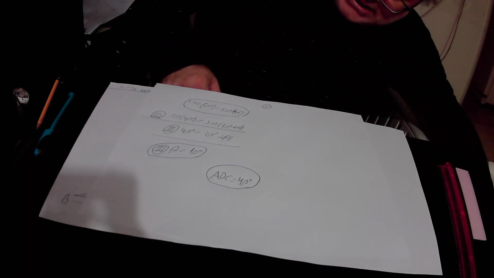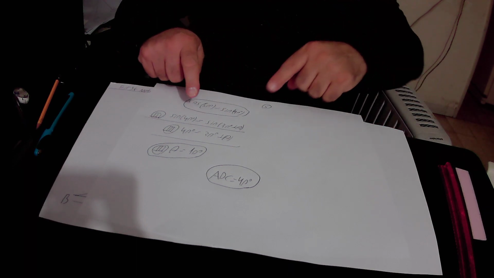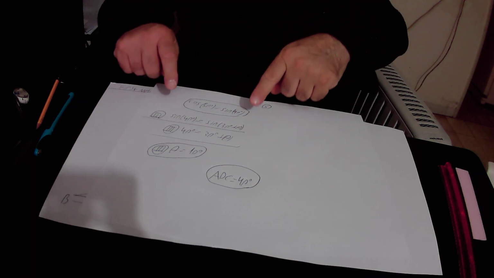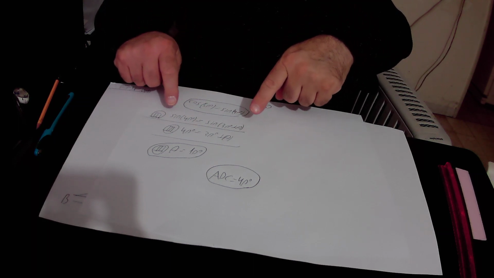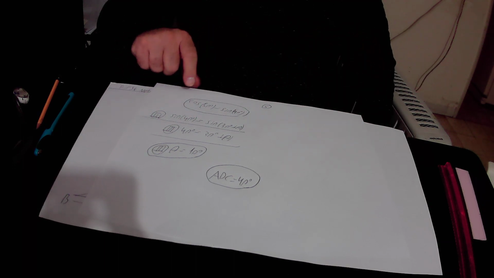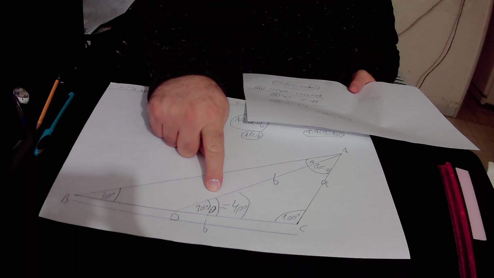Sine 40 degrees equals sine 30 degrees plus theta means that 40 degrees equals 30 degrees plus theta. Here we subtracted 30 degrees from this equation number 3, and we got that angle theta equals 10 degrees. So here angle theta equals 10 degrees.